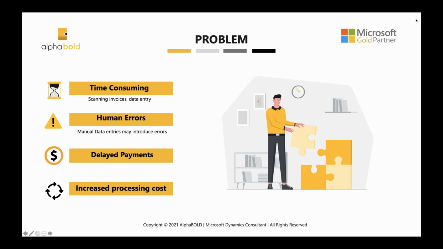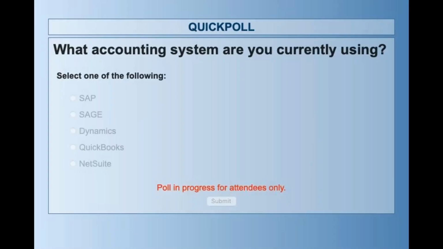So first poll is, what accounting system are you using right now? We got a couple of the big ones up there. If you are using a different one, just leave it blank, but we would appreciate any kind of feedback. It helps us make these webinars better and more relevant for you. Looks like, as of right now, QuickBooks is in the lead.